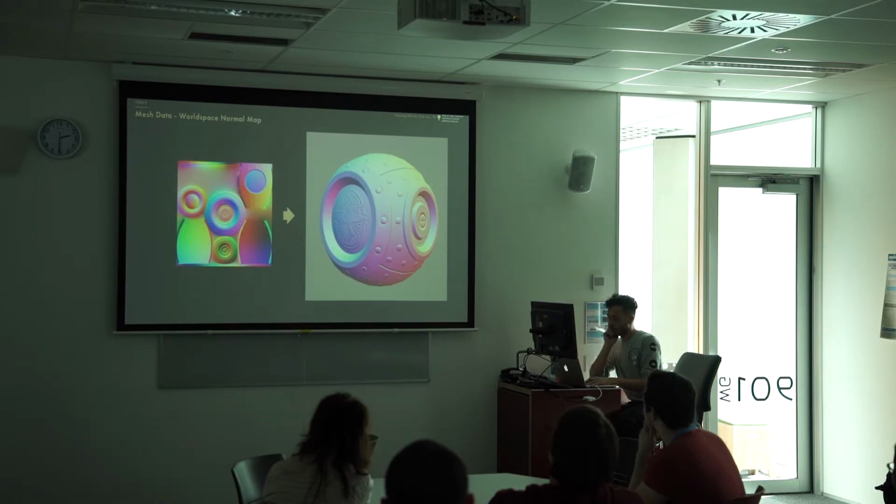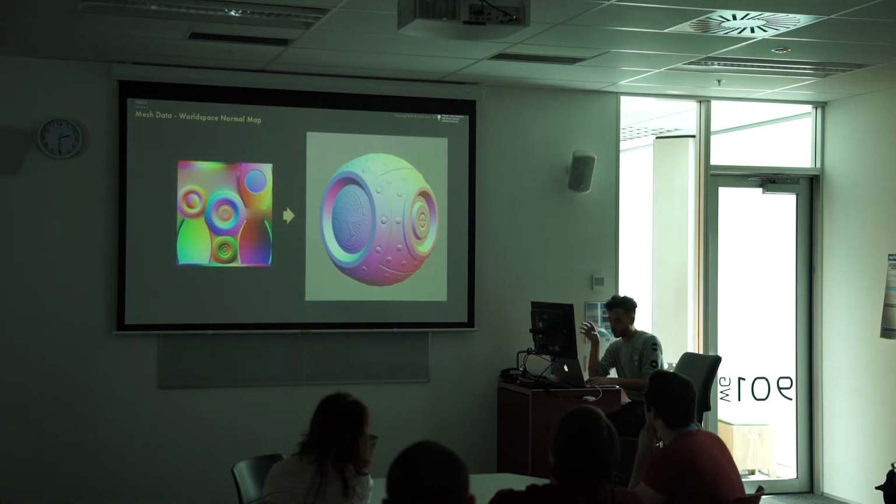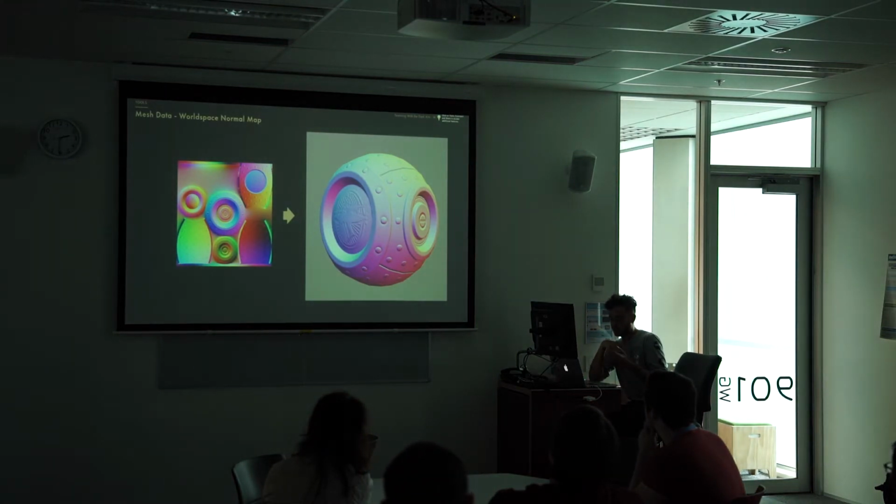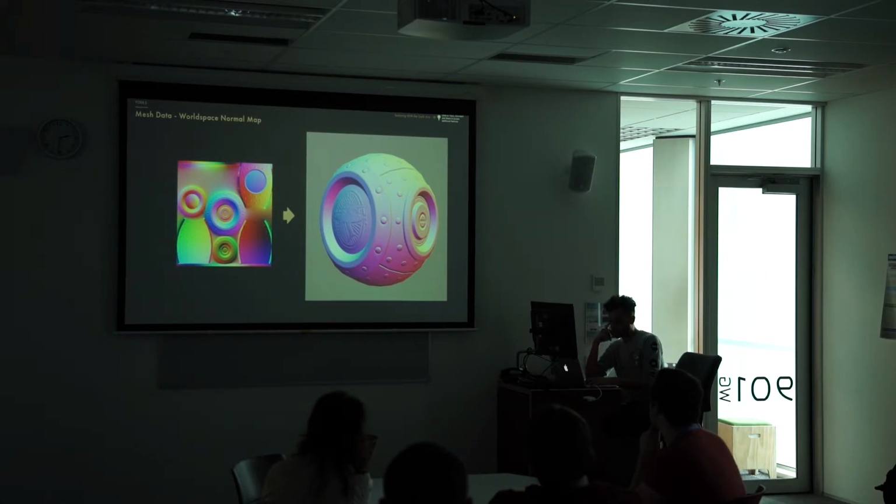Okay, so Substance works on mesh data, and mesh data is basically bitmaps, texture maps that are baked through various processes and give you various data types of that model. This one, for example, is a world space normal map. It's a normal map that encodes every axis as a different color, as opposed to a tangent space normal map, which just contains the changes of the surface direction, I suppose.